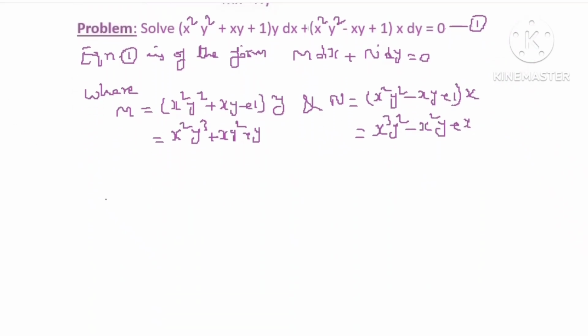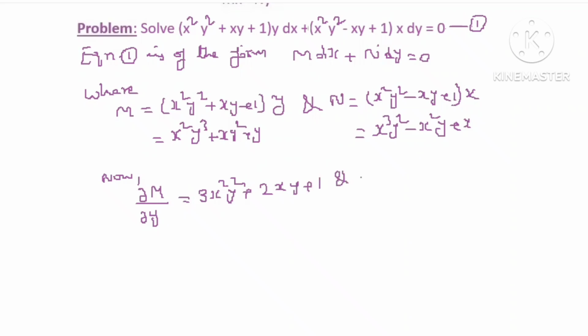Now, partial derivative of M with respect to y is: x square into derivative of y cube with respect to y is 3y square, so 3x square y square, plus derivative of y square is 2y, so this is 2xy, plus derivative of y with respect to y is 1.